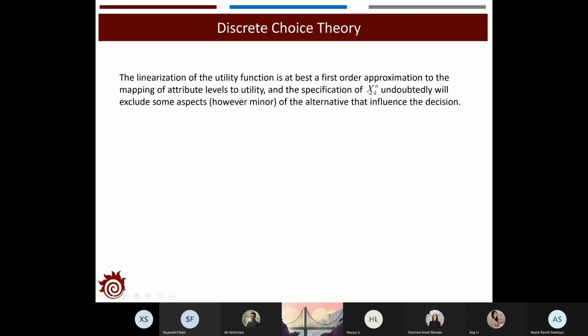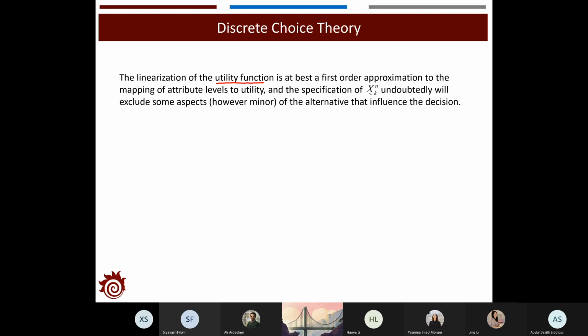First, the utility function will be linear. We choose the linear function because it's the best first order approximation of the relationship between the attributes and utility, and also the simplest one.